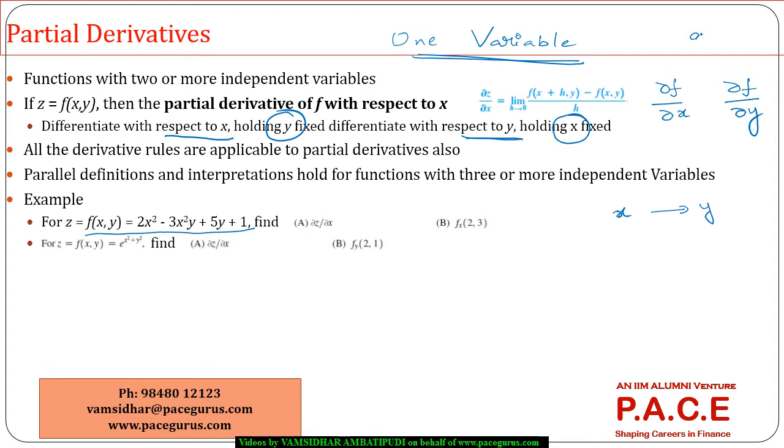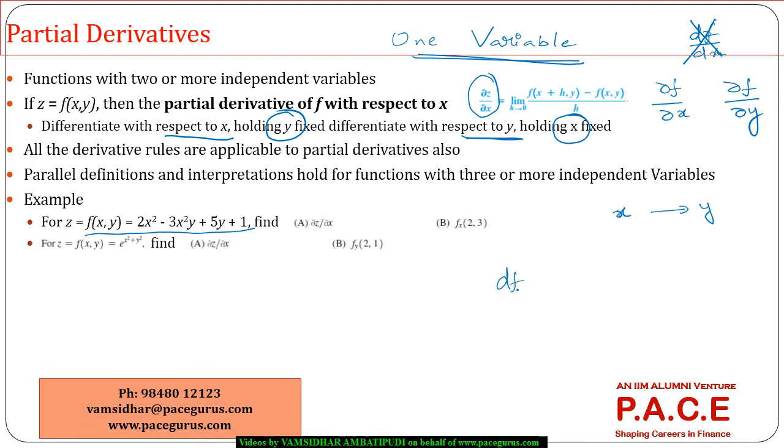It's not d. When it is a single variable case, we called it as df by dx. But in partial derivative, where I am keeping one of them constant and then finding the derivative with respect to the other, then I'm representing it as dou f. So dou f by dou x is nothing but as good as a regular derivative, right?